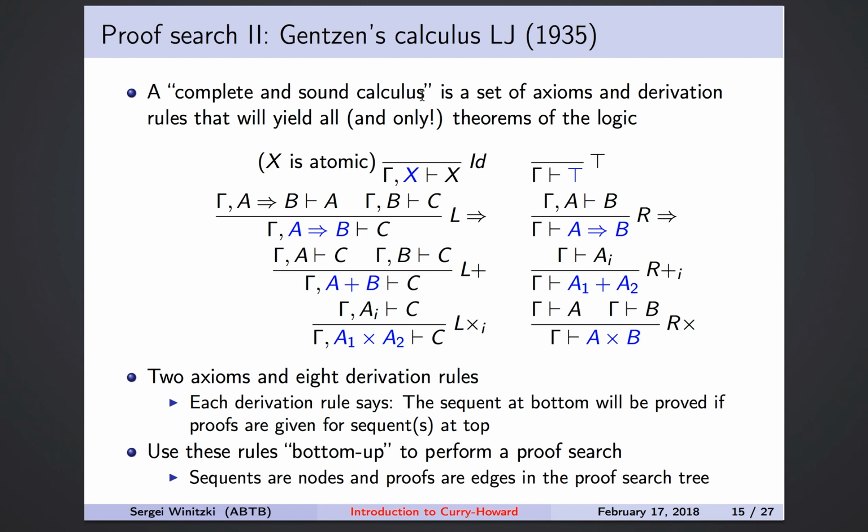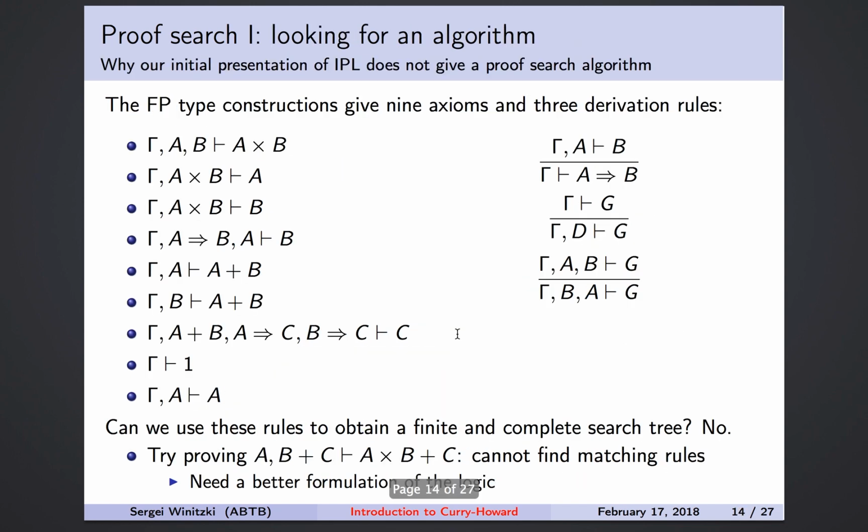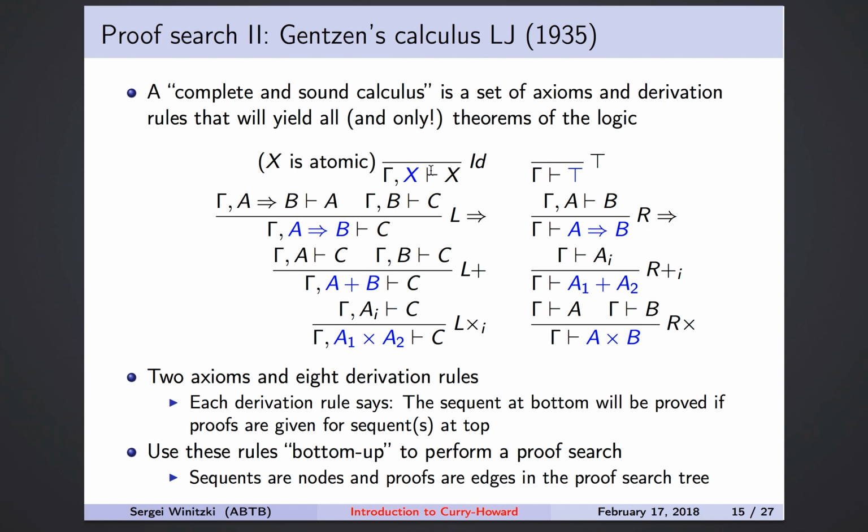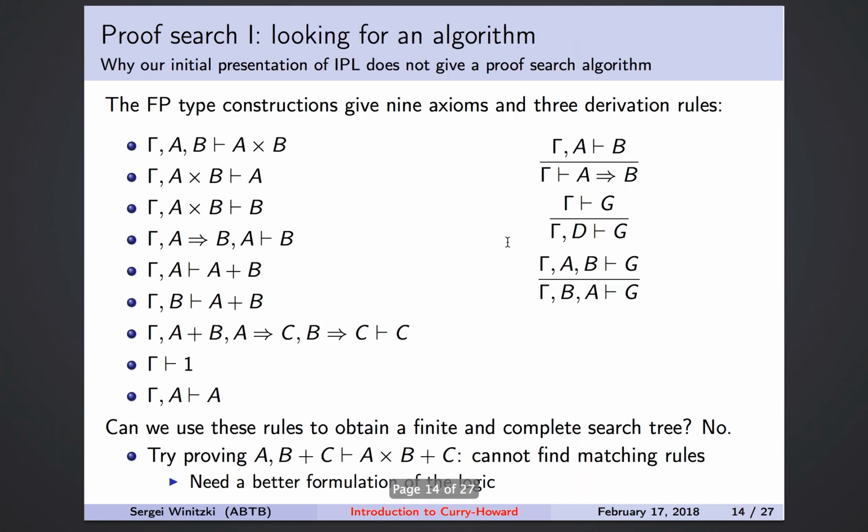Complete and sound calculus means that he came up with some rules of derivation, which are summarized here, such that they are equivalent to these. They derive all the same theorems and only the same theorems. So they derive all the stuff that is right and only that stuff. They don't derive any wrong statements. It's very hard to come up with such a system of axioms and derivation rules that are equivalent to another one in this sense.